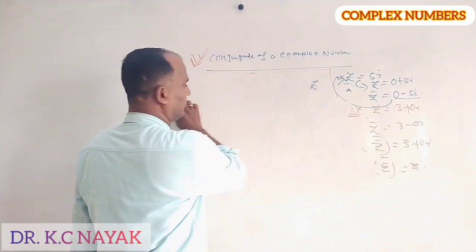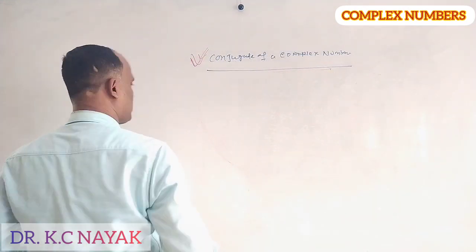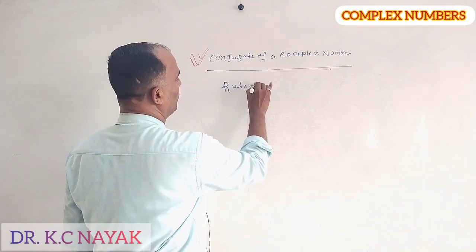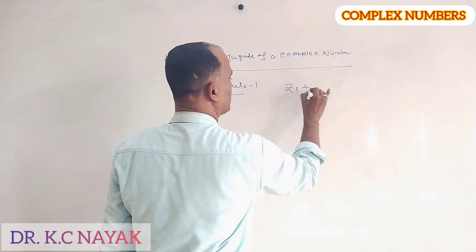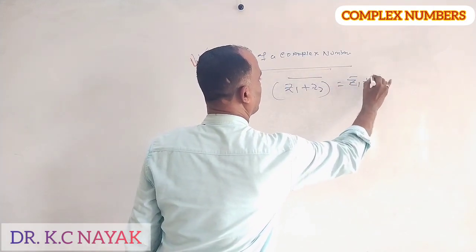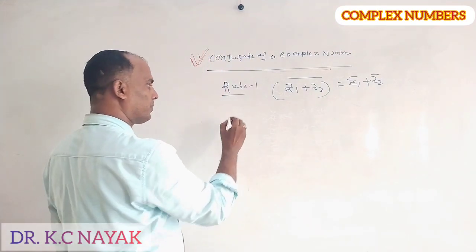Now one more rule. Suppose, in the case of rule 2, the conjugate of z1 plus z2 whole is equal to z1 conjugate plus z2 conjugate. Let us prove it.